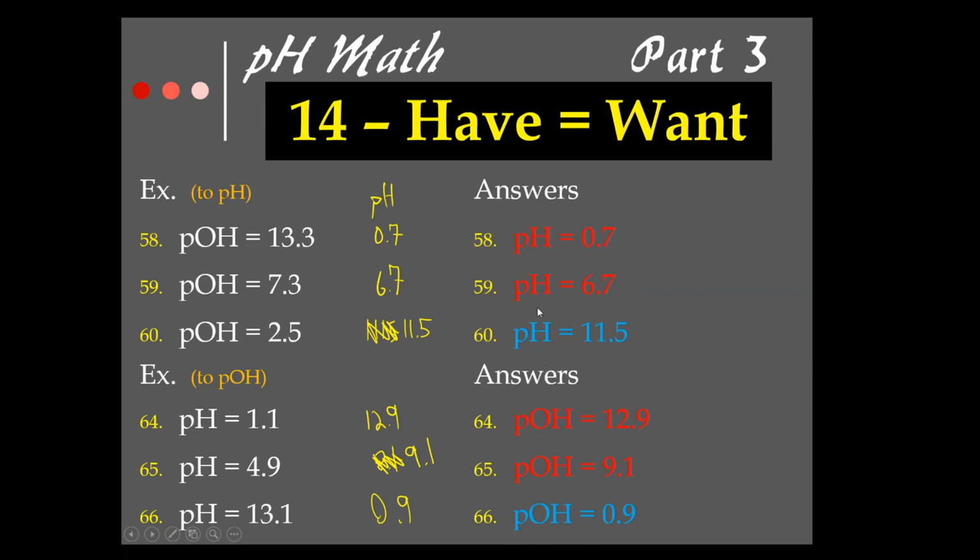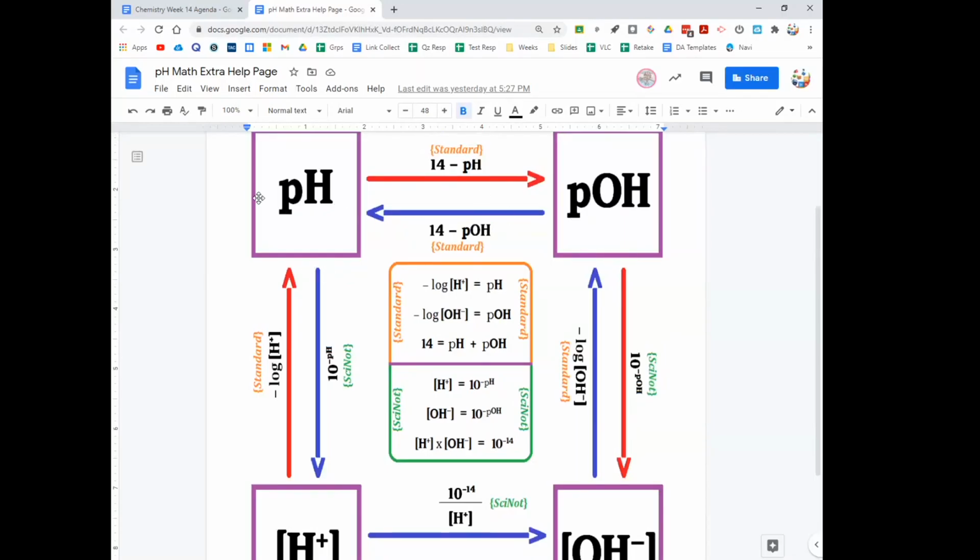High pH is a base, high pOH is an acid. And now we did the top, right and left. But what if I want to go from concentration of H to pOH? Well, the first step I would do is turn it to pH, then I would turn it into pOH. So see, 1 step, 2 step. So everything here can be done in 1 step or 2 steps. You should never need 3 steps.